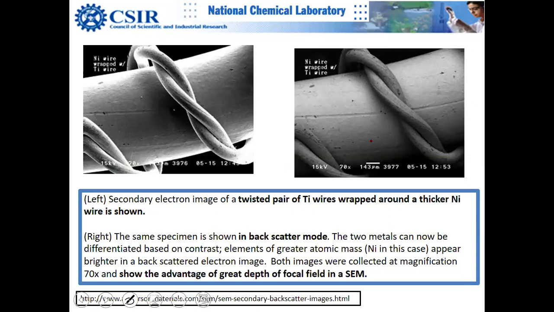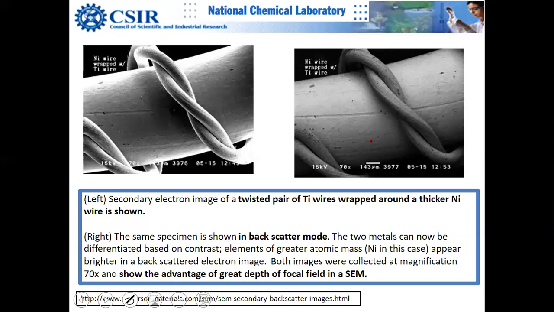Some students ask this question about elements with close-by Z. I say that it is not possible, and yes, it is not possible. It's a very bad technique, but you can see one example here. Titanium, where Z is equal to 22, and nickel, where Z is equal to 28.